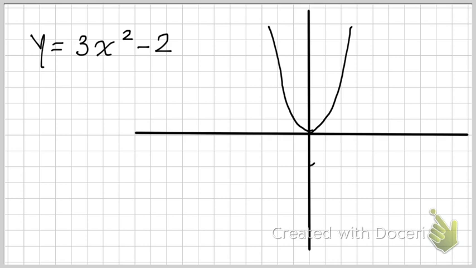So it's going to move it down here, like that. And then this 3 is going to do something. And I know by looking at the 3, and you may know too, or you may grow to know, that it's going to stretch it out vertically.